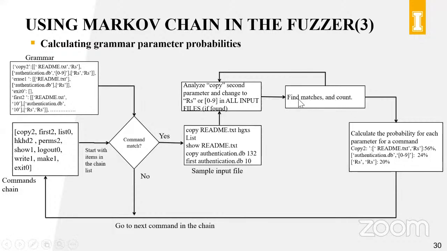Then we find the matches and count, looping until we have gone through all of them. After finishing, we are able to find the percentage of the parameters of the command that occur.